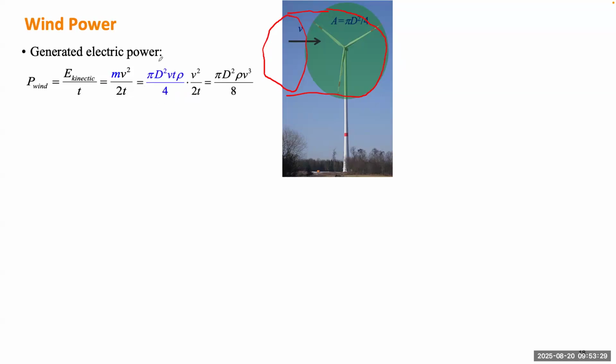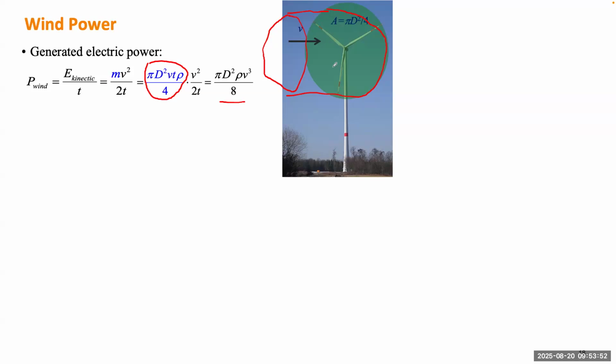So this will be the mass of the air, which is the volume multiplied by the density. Do some simplification, and we have this formula for calculating the total power of the wind. That's not the power of the generator, it's just the power of the wind.